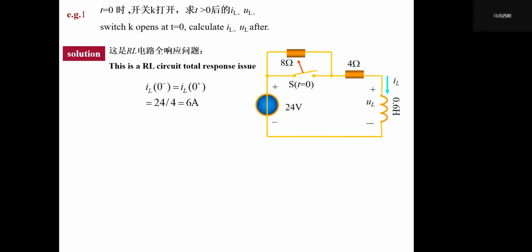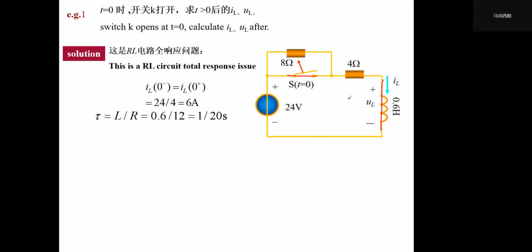We know the current will not jump, so the current originally will be 24 over 4, since before time 0 this loop is connected, and this one is actually a wire. So it's 24 over 4. And tau is L over R. L is 0.6.